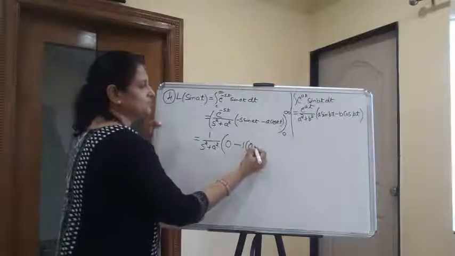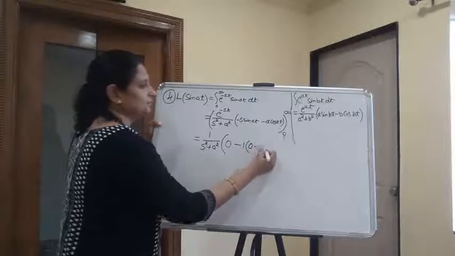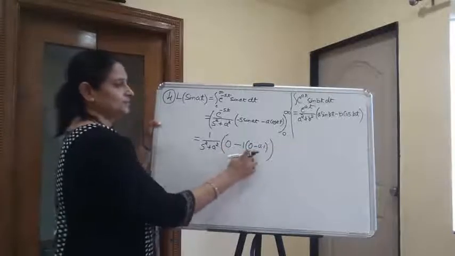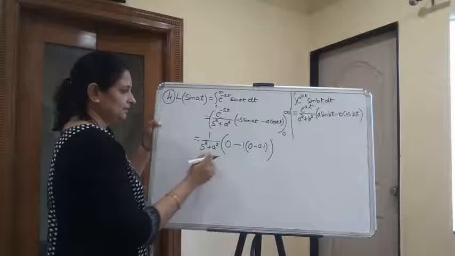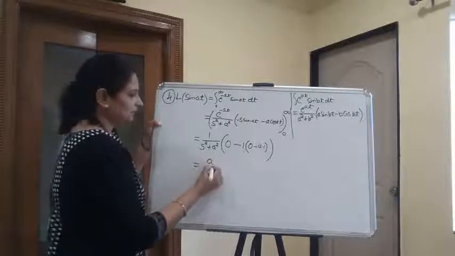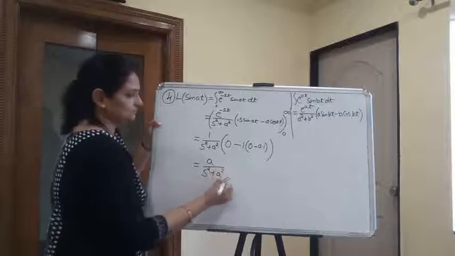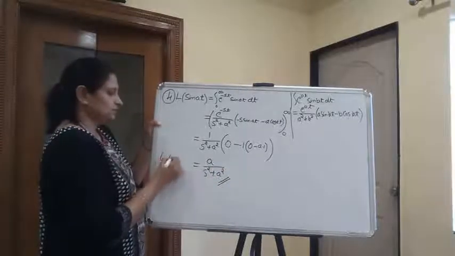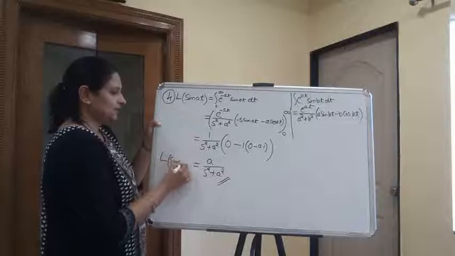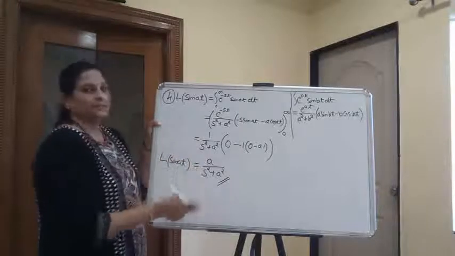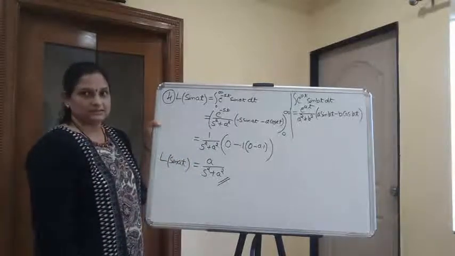So it becomes 0 minus a into 1. So minus of minus plus a. So the value is a by s square plus a square. So Laplace transform of sin at is a by s square plus a square.